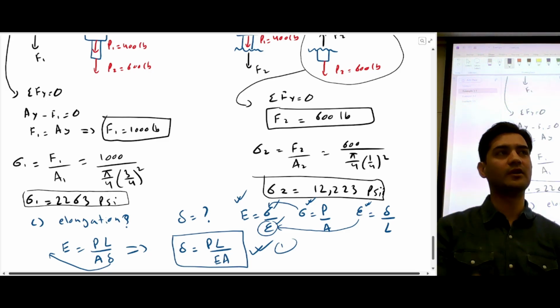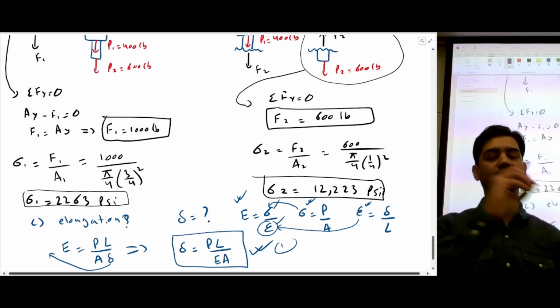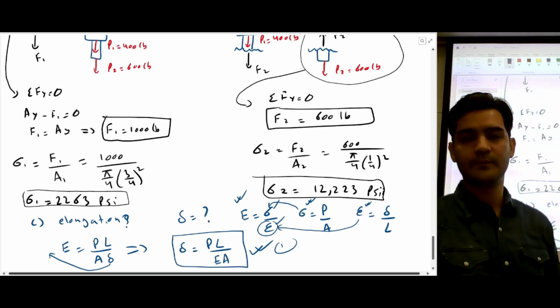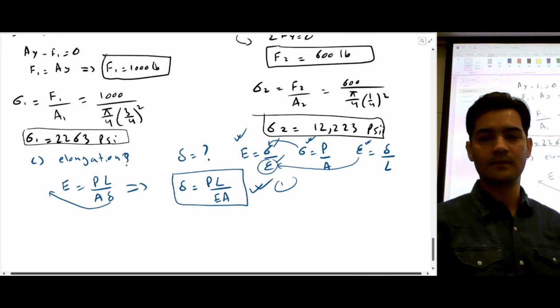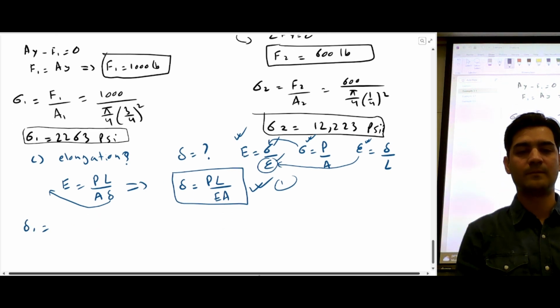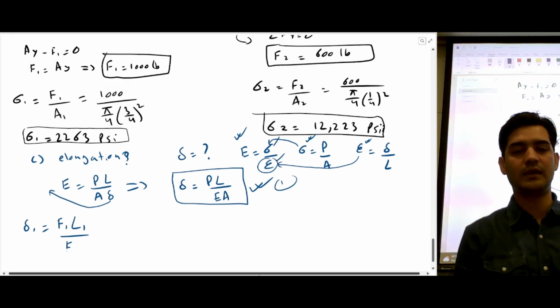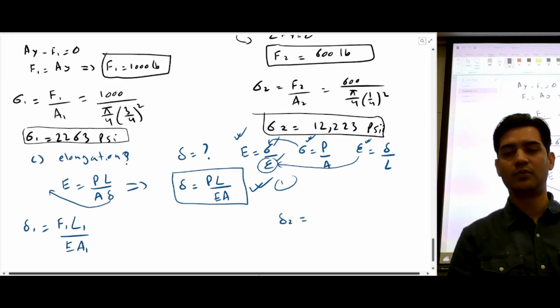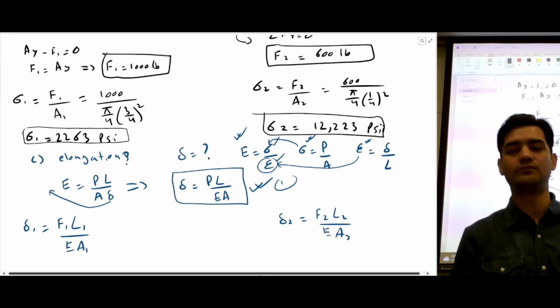So you have to calculate elongation for cylinder 1 and cylinder 2. So I'm going to use cylinder 1 equation here, which is, so what is P in this case? In this case, P is F1 L1 over E A1. And for cylinder 2, the equation is F2 L2 over E A2.